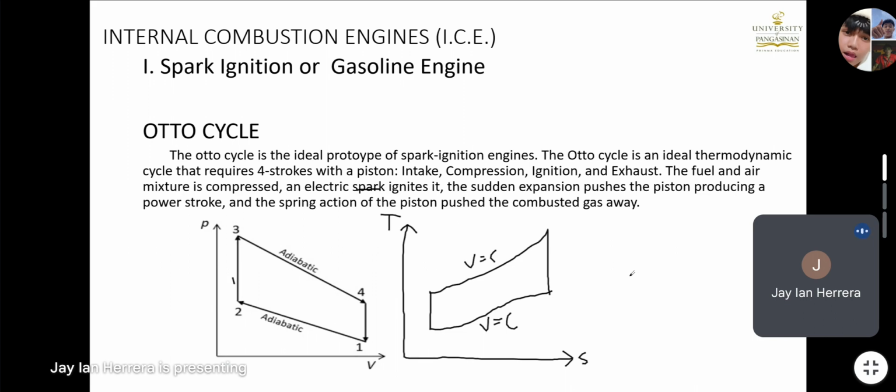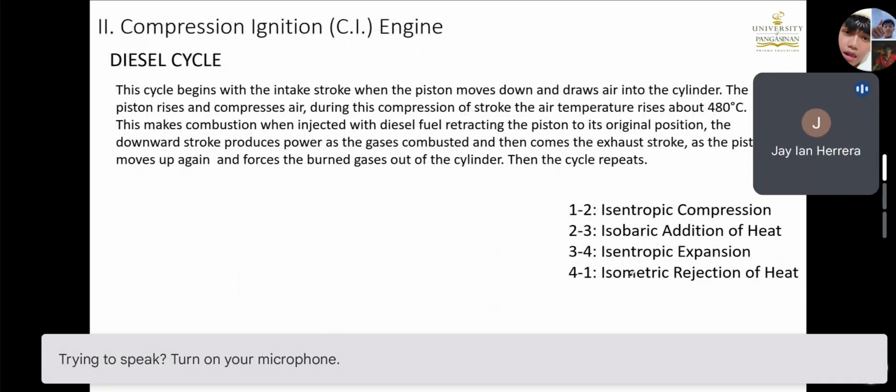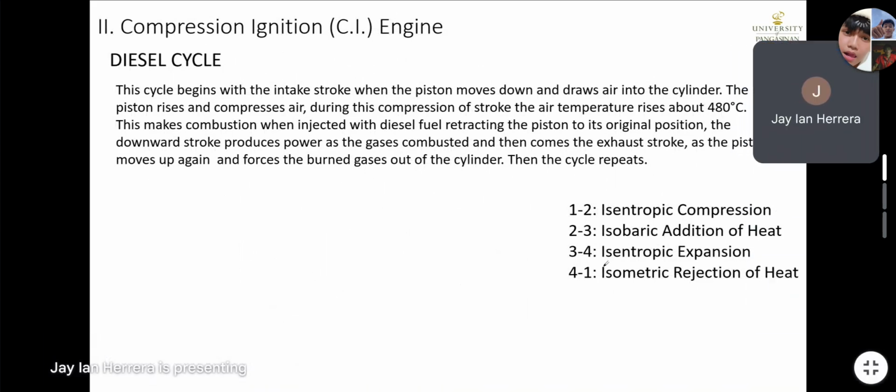Next naman sa ating internal combustion engines is the diesel cycle or compression ignition engine or CI. So in this cycle naman, the cycle begins with the intake stroke when the piston moves down and draws air into the cylinder. Ayan.